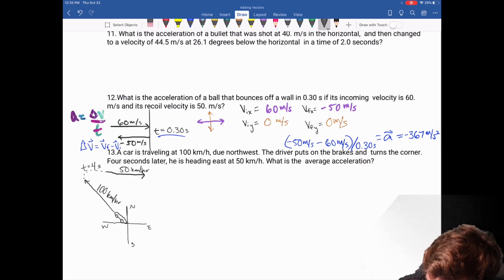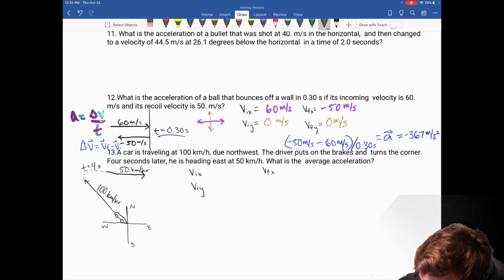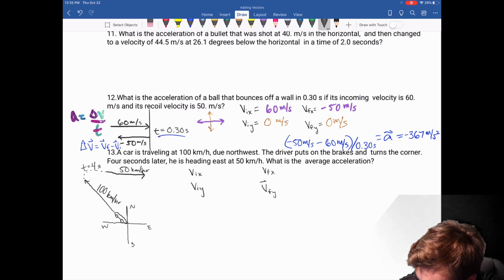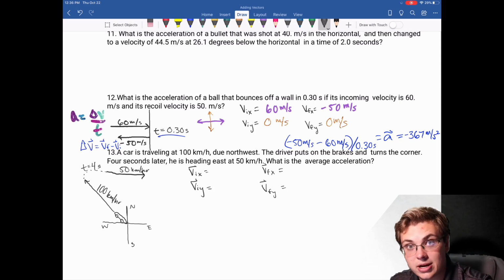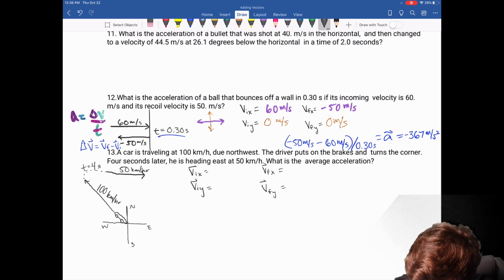Now what we're going to do is find our VIX, VIY, VFX, and VFY. So we're finding all of these. To find our initial in our X direction, we have this angle right here is 45 degrees.